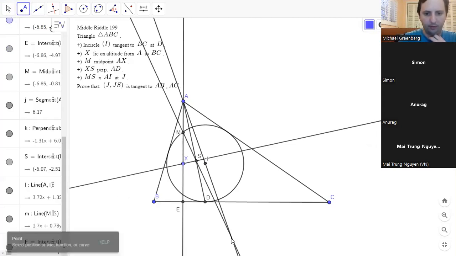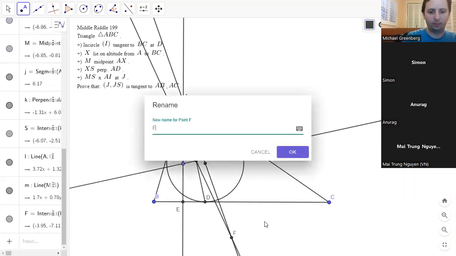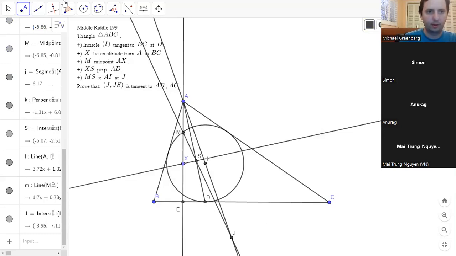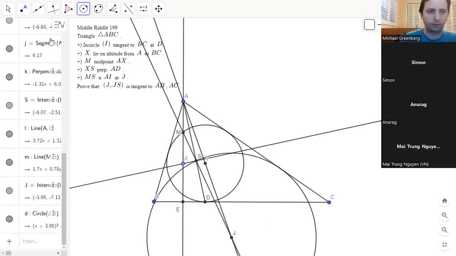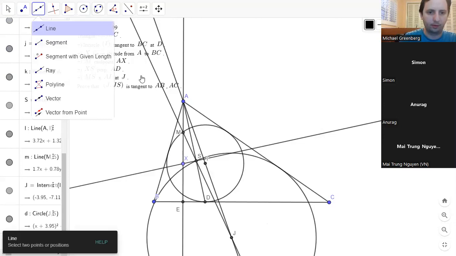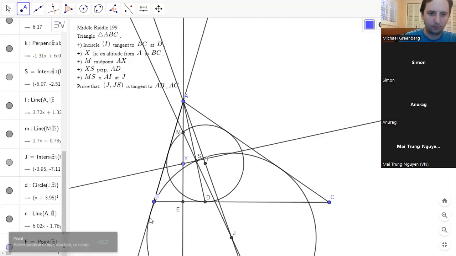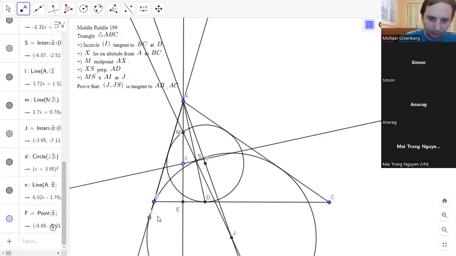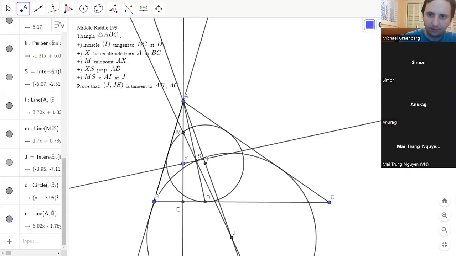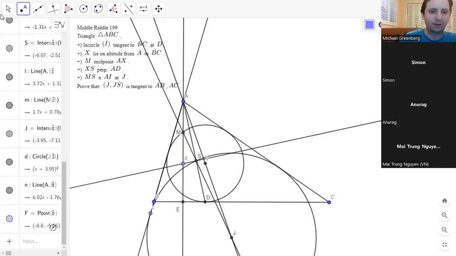So this is point J. And we want to prove that the circle with center J and radius JS is tangent to both AB and AC. That's interesting. All right, so I'm going to make this look nicer in just a second. GeoGebra might not even think these are tangent. Yeah, I'll just have to draw it like that. Okay.